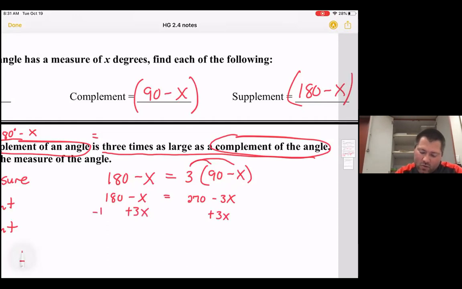And I'm going to cancel out this 180 by subtracting 180. So the x's on the right cancel. 180 on the left cancels. So you end up with 2x equals 270 minus 180 is 90.